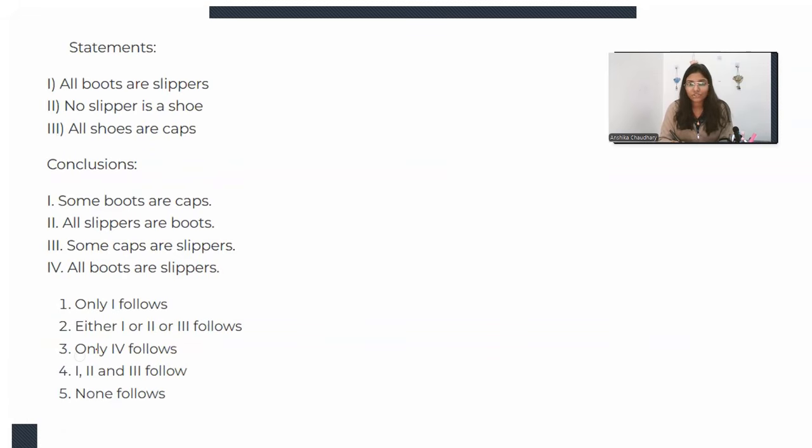Let's move on to the last question for today, statements and conclusions. Now, for solving this type of statement and conclusion, always remember that you don't need to have any figure in your mind, right? Whatever is written in the statement is 100% true, you need to consider. You don't use your own mind, right? The statements are: all boots are sleepers, so these are the boots, and all boots are sleepers.